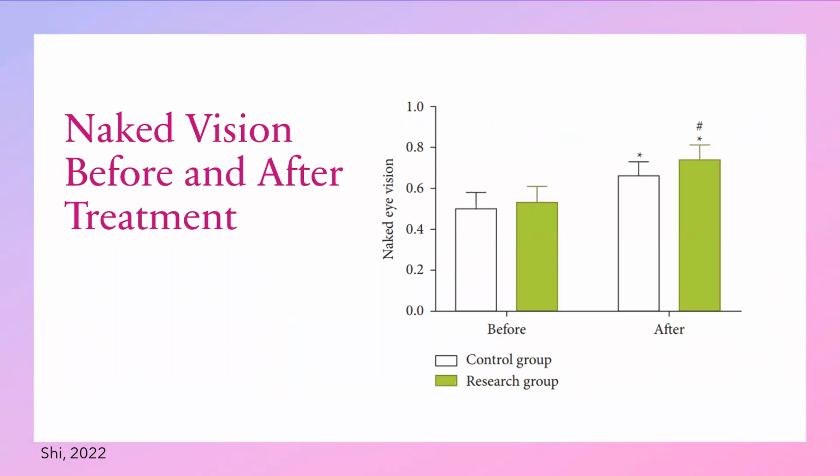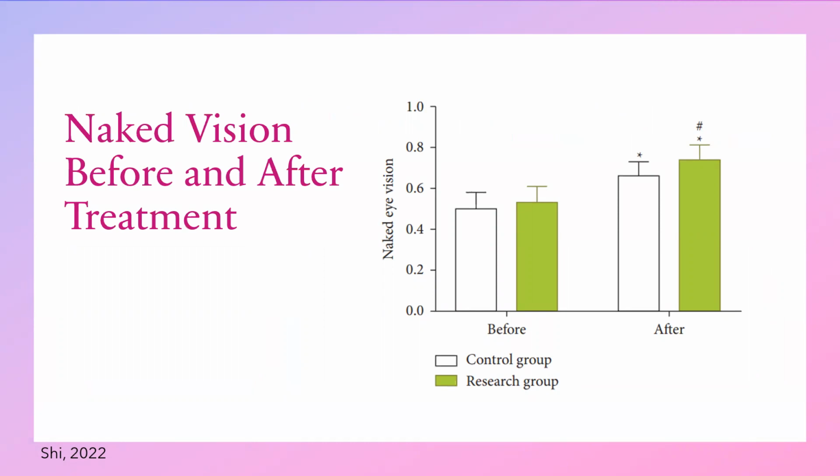When analyzing the results, there were some interesting finds in this first graph. She tested the naked vision before and after treatment. The y-axis shows the naked eye vision measurements. The control group data is represented by white, and the research group data is represented by green, and will be represented by the same colors in all of the graphs that we look at in this study.